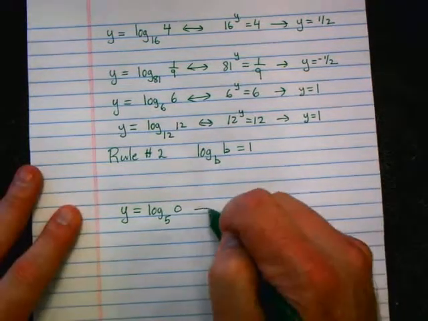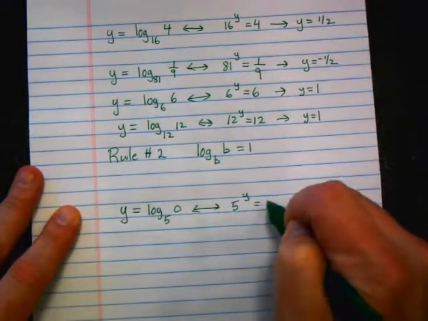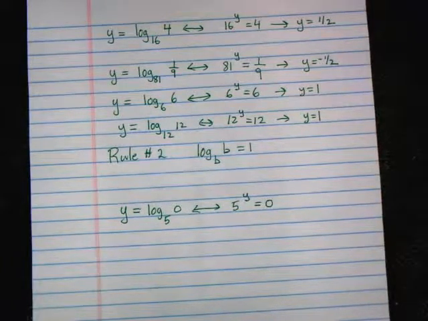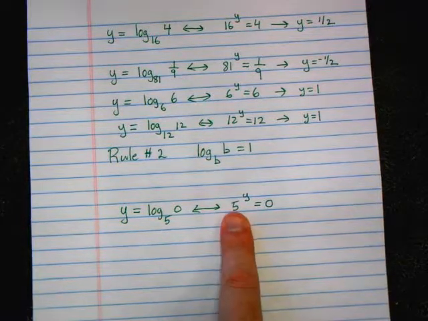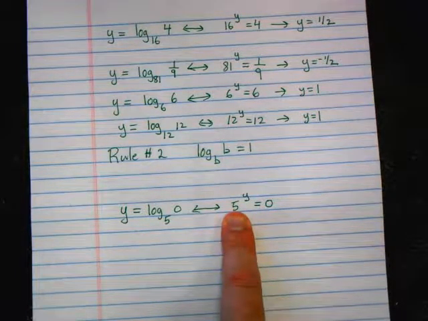What I'm asking you here is 5 to what power will give you an answer of 0? And the answer is nothing, right? 5 to any power is always going to be a positive number. If I do like 5 to the negative 3, that just gives me a fraction, but it doesn't give me a negative answer, does it? And it doesn't give me 0. There's no way to get 0. So that's undefined.